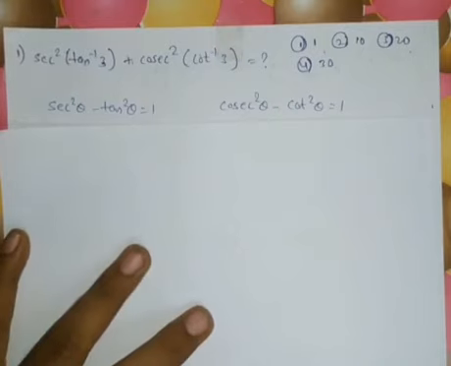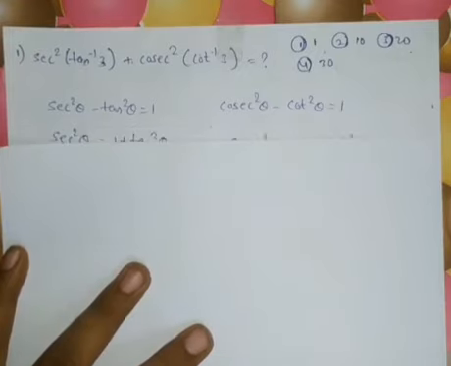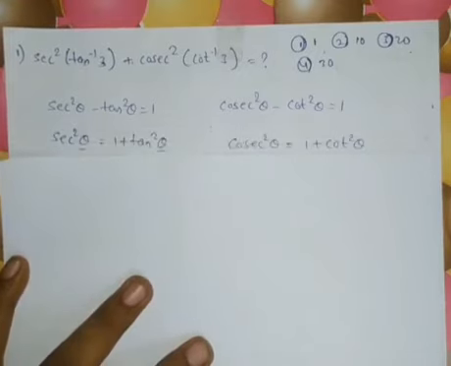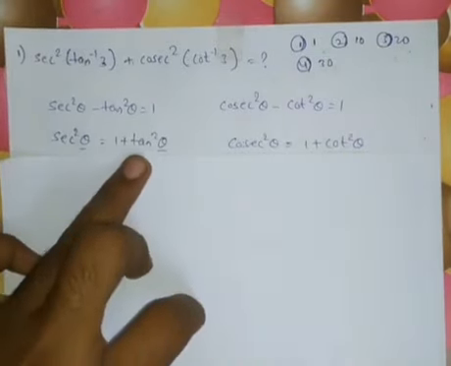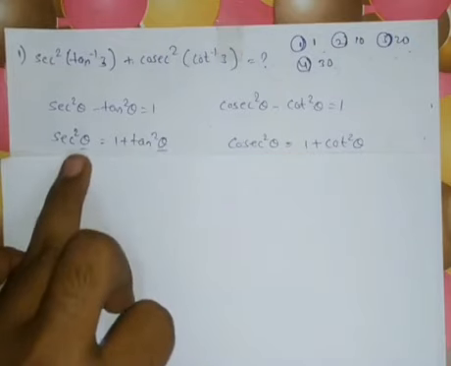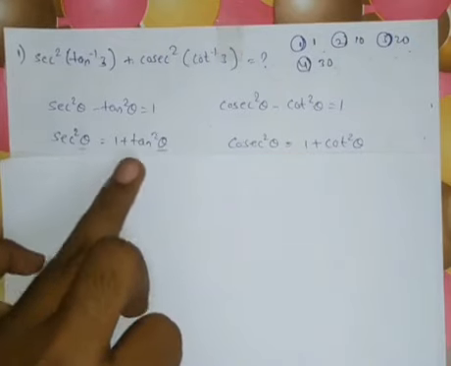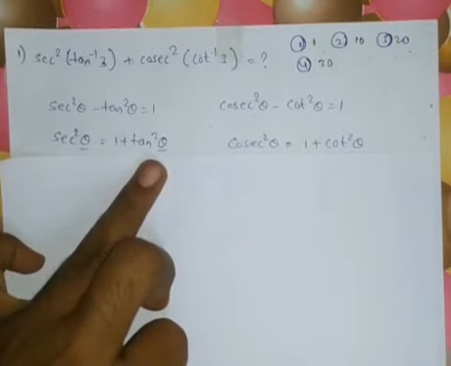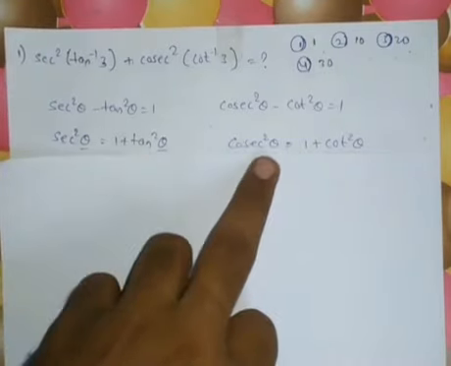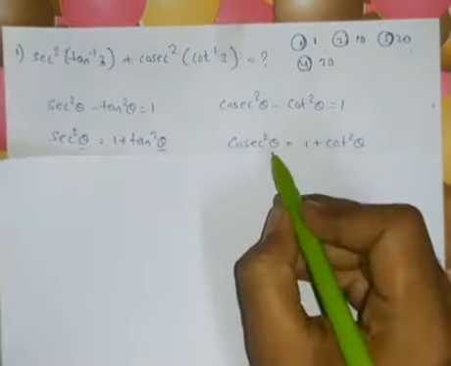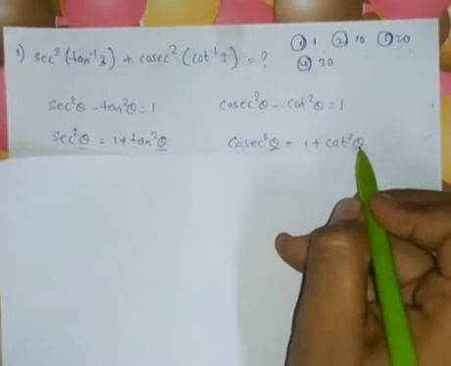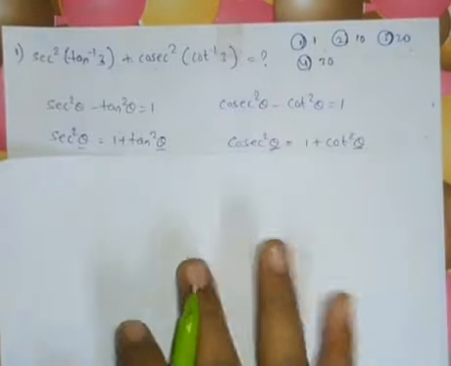By sending tan square to the right side and cot square to the right side, we see that secant square theta is equal to 1 plus tan square theta, and cosec square theta is equal to 1 plus cot square theta. Whatever is inside the secant square will appear on the right side as well.